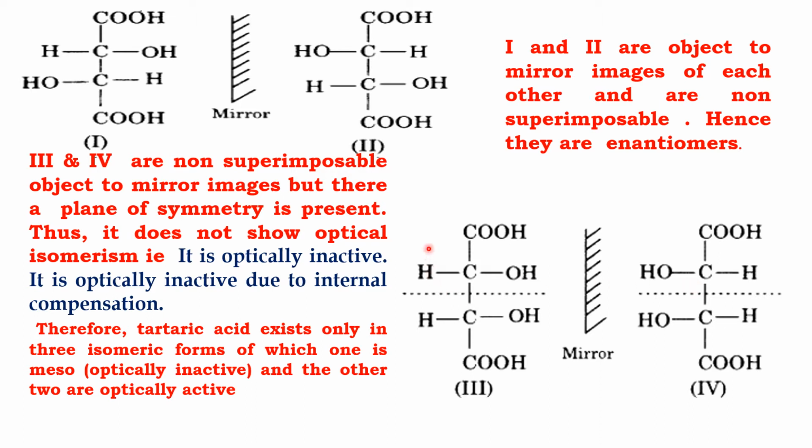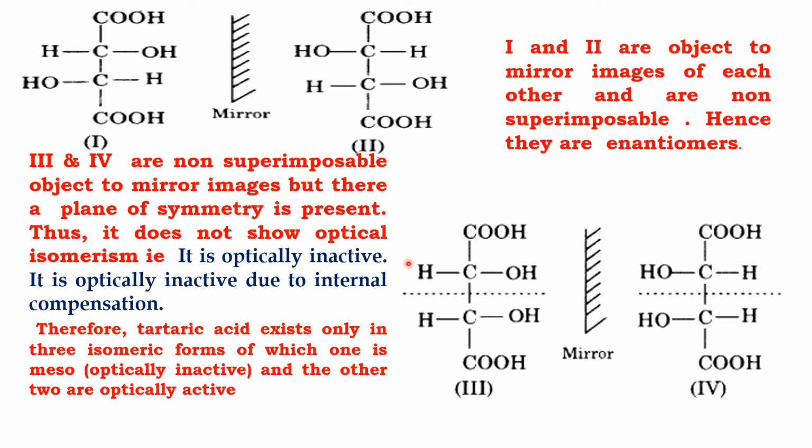Now see here, the rotation of the first part will be cancelled by the rotation of the second part. That means if the first part rotates the plane polarized light towards the left, the second part rotates the plane polarized light towards the right. For this molecule, if this part rotates the plane polarized light towards the right, the second part will rotate it towards the left.